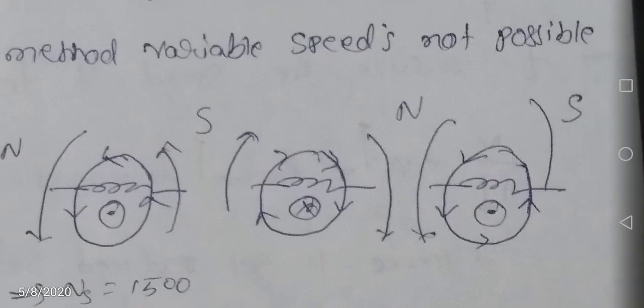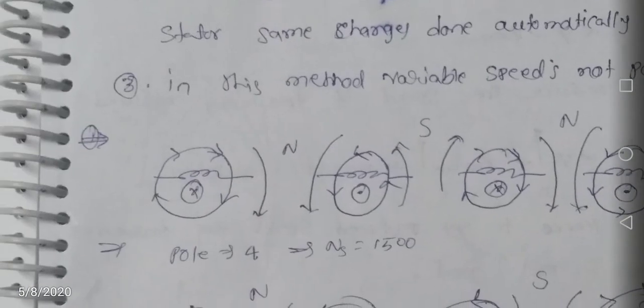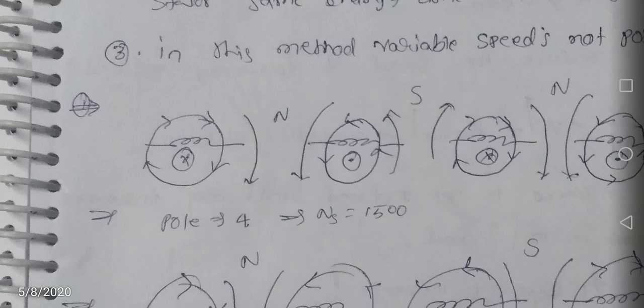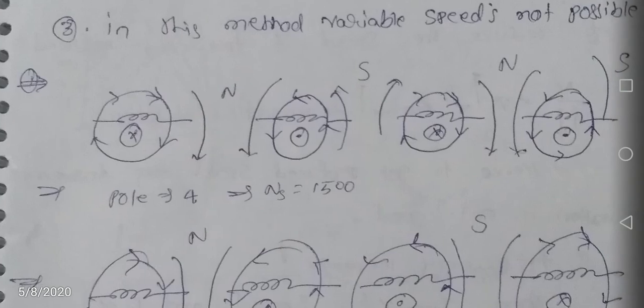And because of the third and fourth conductors, the fluxes are in the downward direction, so there is a formation of a north pole.